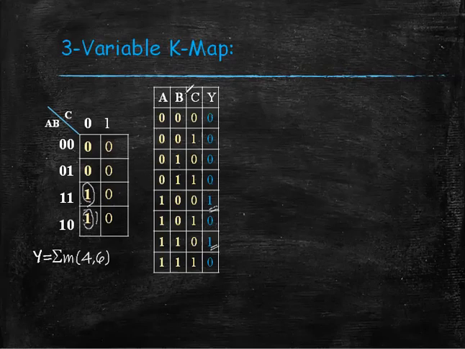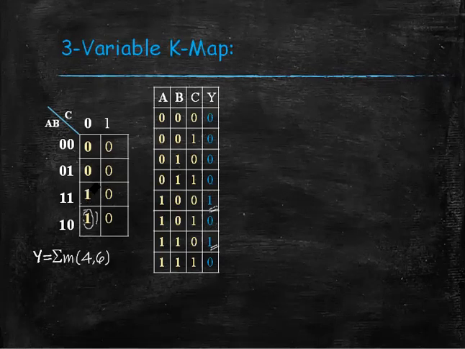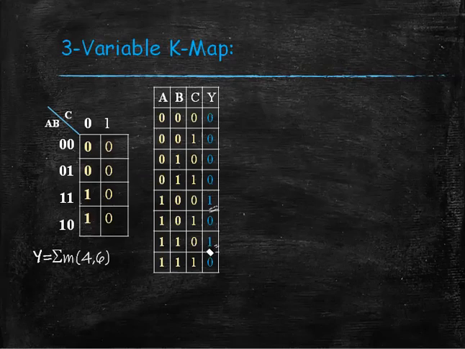Okay, then the Karnaugh map is drawn, and these two ones form a pair, is it? Okay, then we take it as a pair.